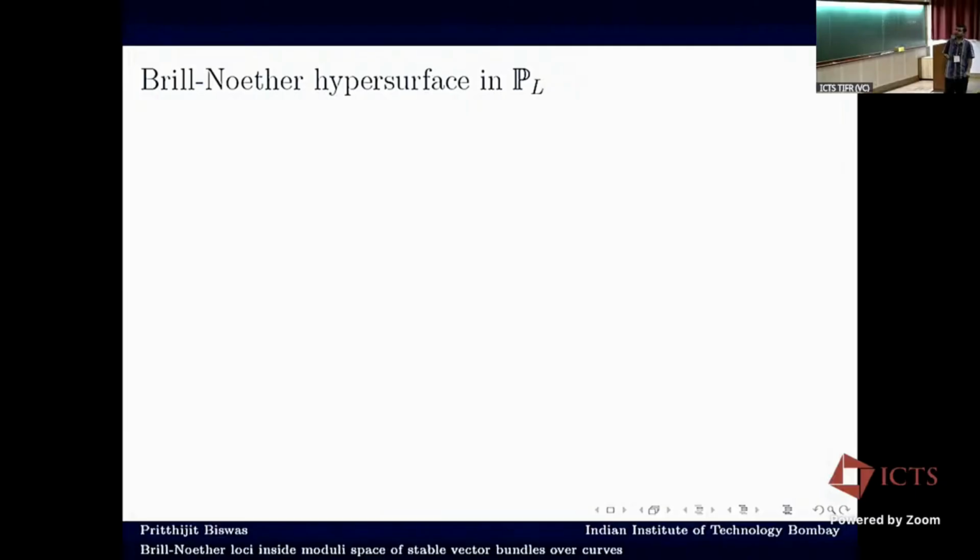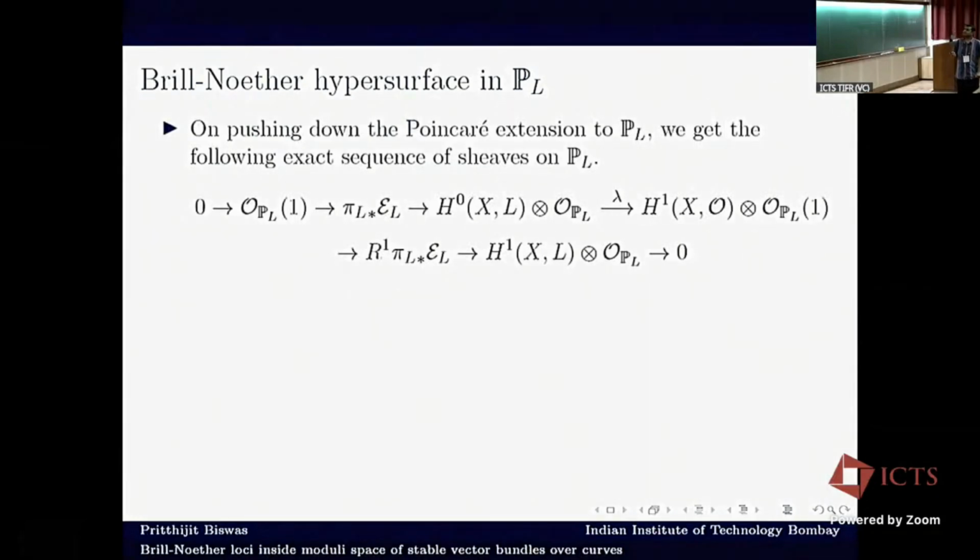Yeah, so as I said, this hypersurface H, how does it come? You have this universal extension, you push forward that universal extension to PL, and you get this long exact sequence.